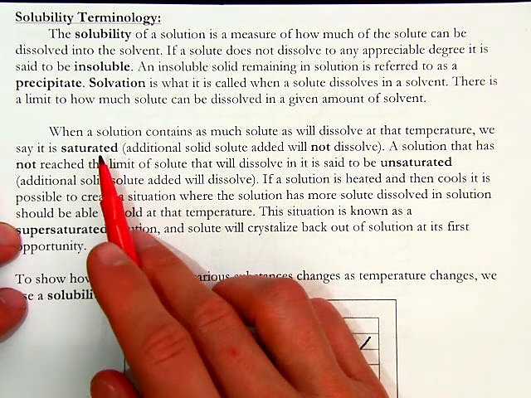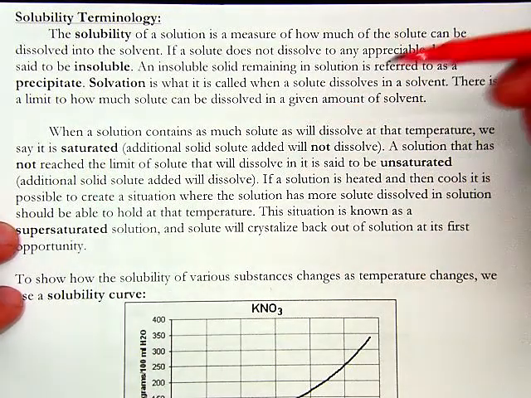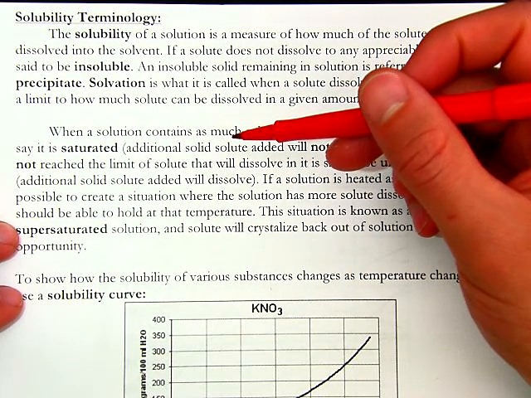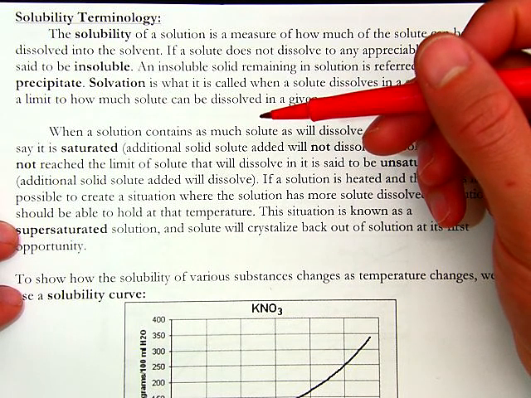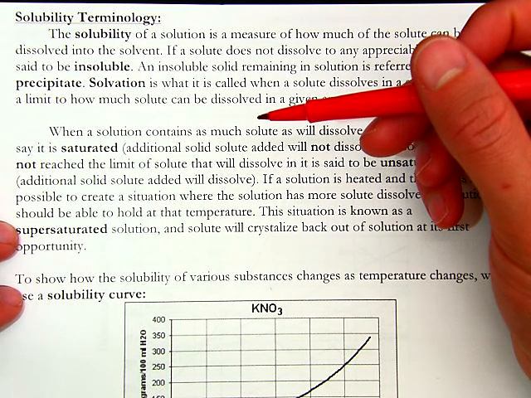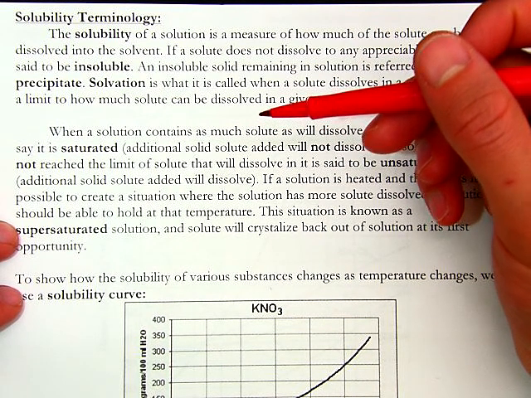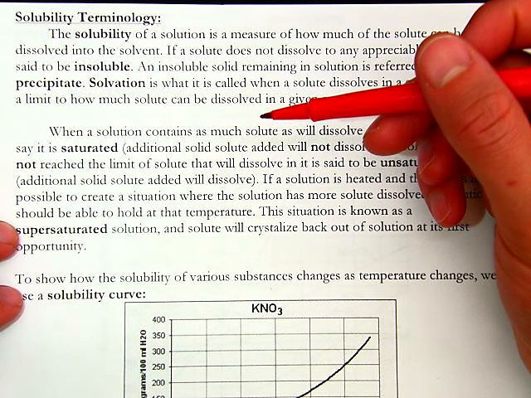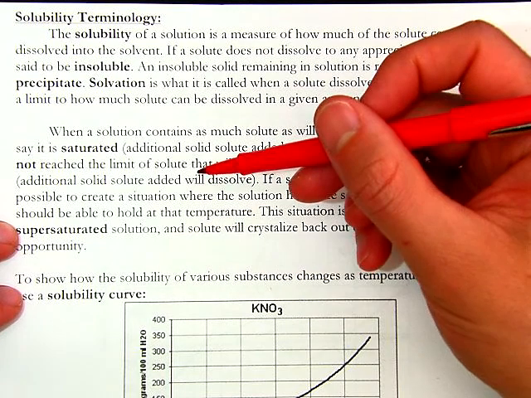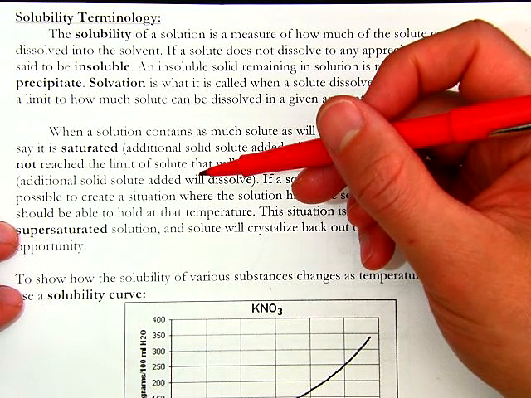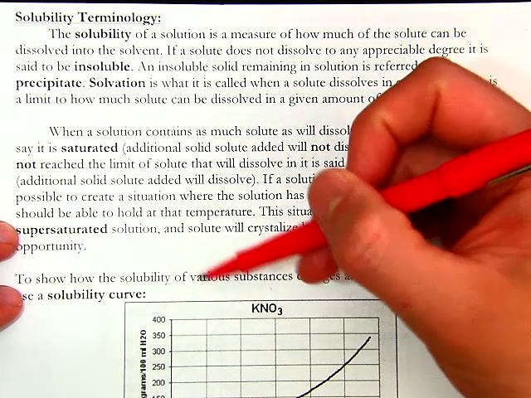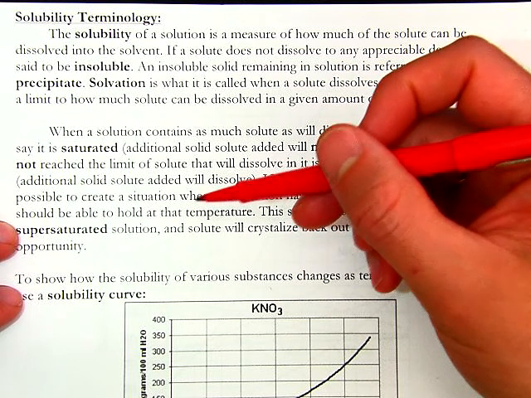To get a more concrete example, if you had a beaker with, let's say, 100 milliliters of water in it, and you added some salt and stirred it around and the salt dissolved, that's an unsaturated solution. If you added more salt and it dissolved, that's still unsaturated.